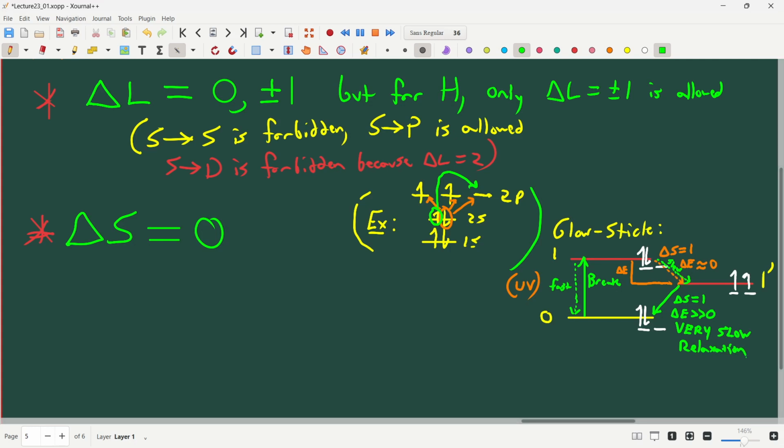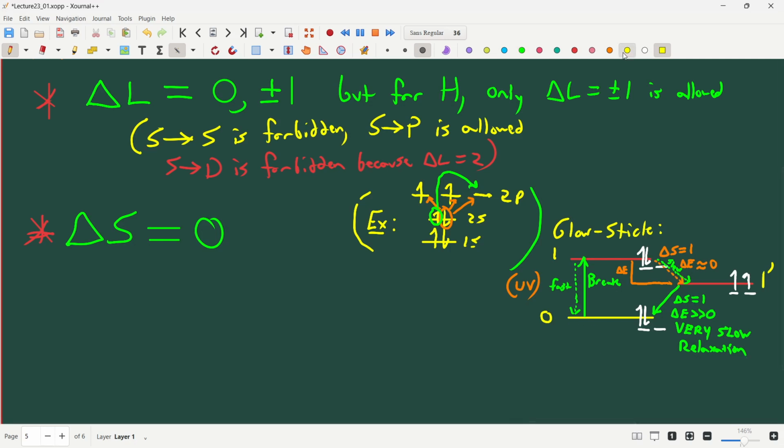But every once in a while, a molecule trapped in here will relax and emit a photon. Right? It'll relax and go into the ground state and emit a photon at this energy difference. And for a glow stick, this energy difference is green. Right? This is a visible photon.